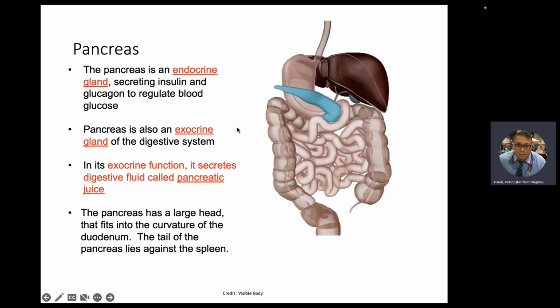Now the pancreas. Remember, the pancreas is very important. Its endocrine functions are insulin and glucagon. Remember, take a pause. Listen to this part because it's definitely going to come out. Insulin gets released from your pancreas, which is right here, into the bloodstream.